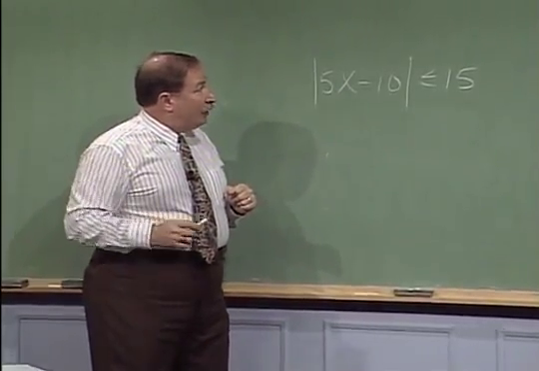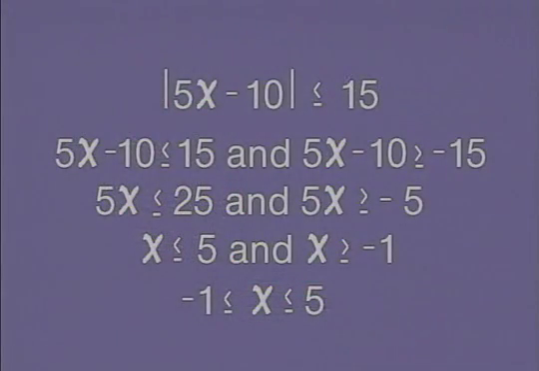So let's go back to the visual that gives us the solution to this inequality. Again, we write the word and, because you must be both inside one wall and inside the other wall. What do we see? We solve the inequalities. We wind up with x is less than or equal to 5 and x is greater than or equal to negative 1.